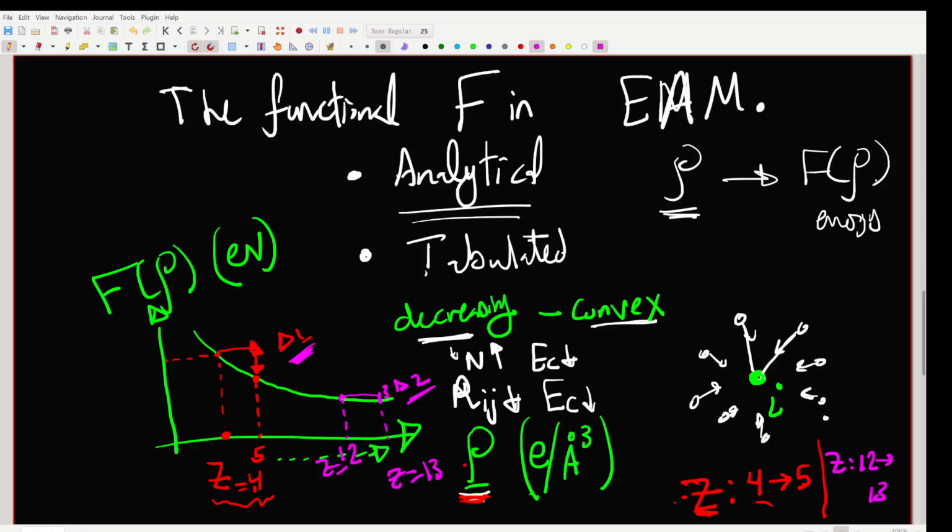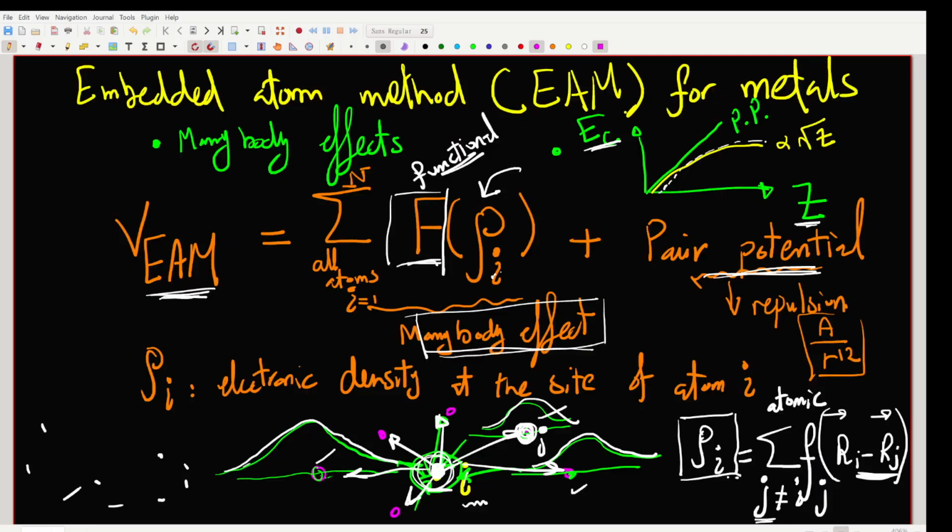And that in a sense, let's go back, corresponds to this nonlinearity. In this nonlinearity, if I go from a small coordination to a larger coordination, then as you can see, there is a larger gain in cohesion. This could be the cohesive energy or the absolute of the cohesive energy if you want it to be a positive quantity.